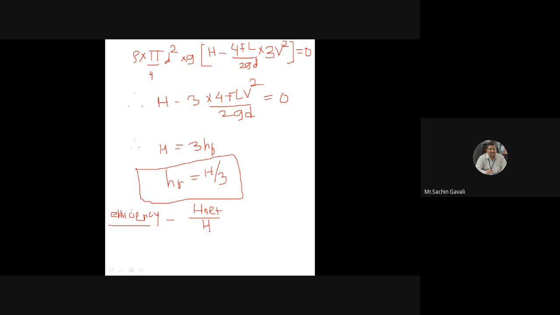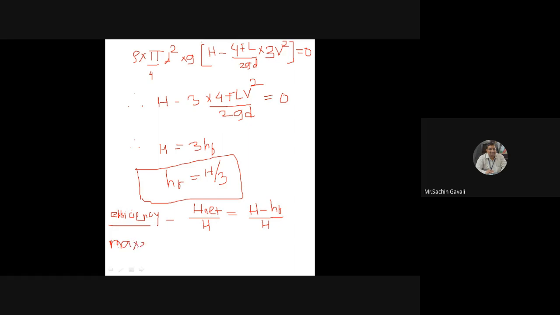For maximum efficiency, H net means H minus hf, divided by H. For maximum efficiency, the hf value will be H by 3.